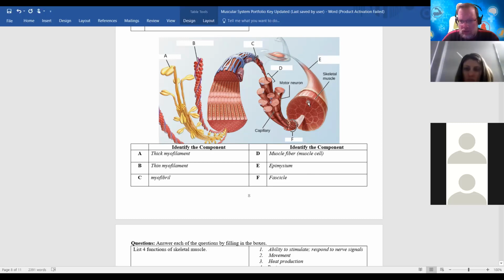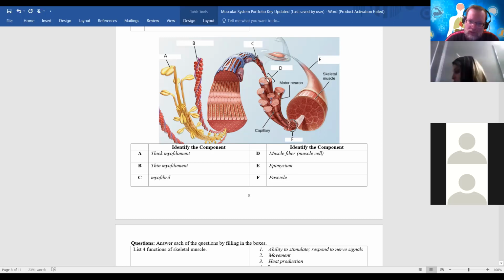And then we look at the muscle belly, and you can see it's got a bunch of chunks. Those are letter F. We pulled one out. Those are the fascicles of the muscle. And then we pull one of those out and isolate it. That's when we finally get to a muscle fiber, which we also know is called a muscle cell. And then we pull another one out. There's even more to go.